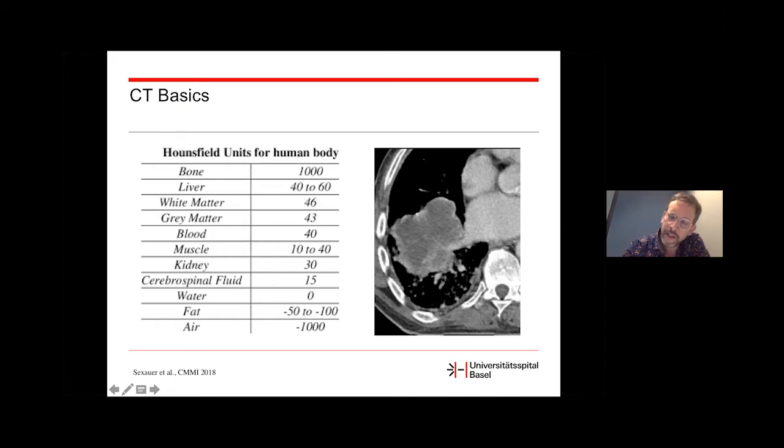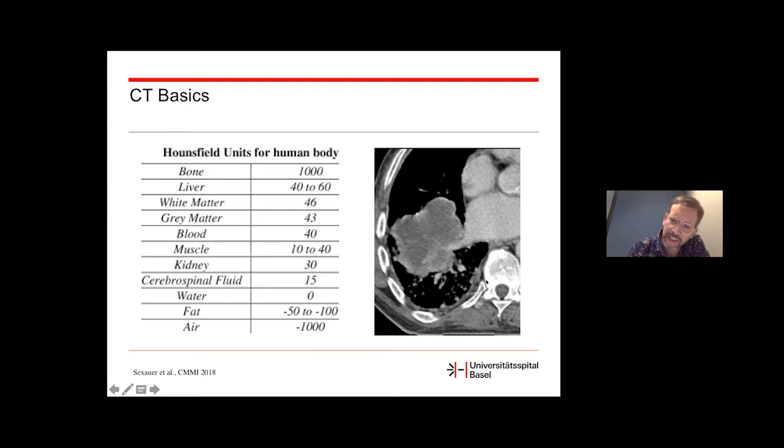And the gray values that you see correlate to densities that have been defined by Sir Hounsfield. So Hounsfield units describe basically the density of the tissue, and they scale from 1,000 for bone, 0 for water as a calibrating middle, and -1,000 for air. So basically here you see the lung almost has no signal, so that's -1,000, and bone here is very bright.